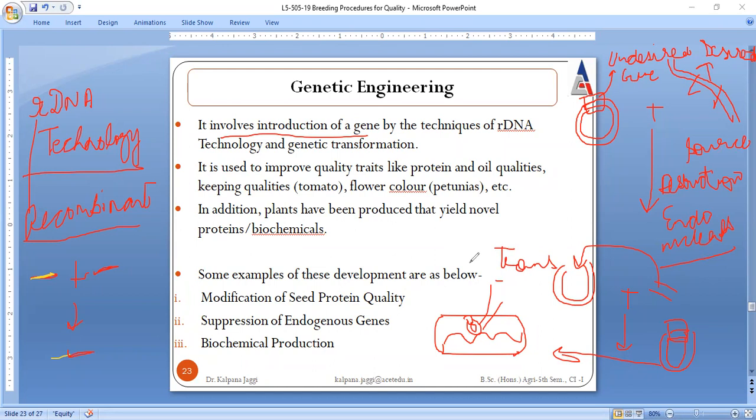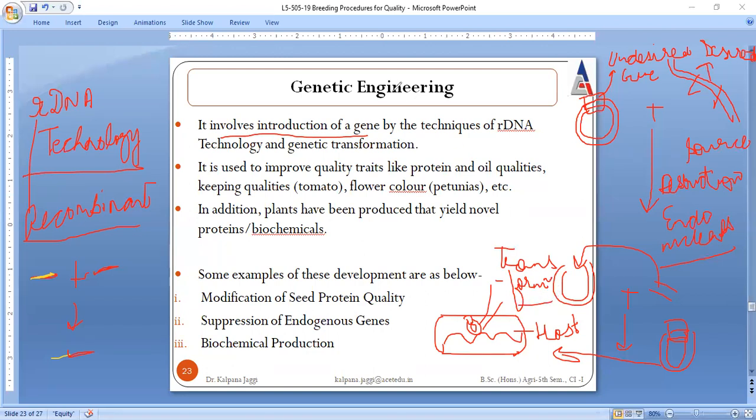What is transformation? This is recombinant DNA. If the recombinant DNA is taken up by the host, very important, that means it enters within the host, then we call it transformation.